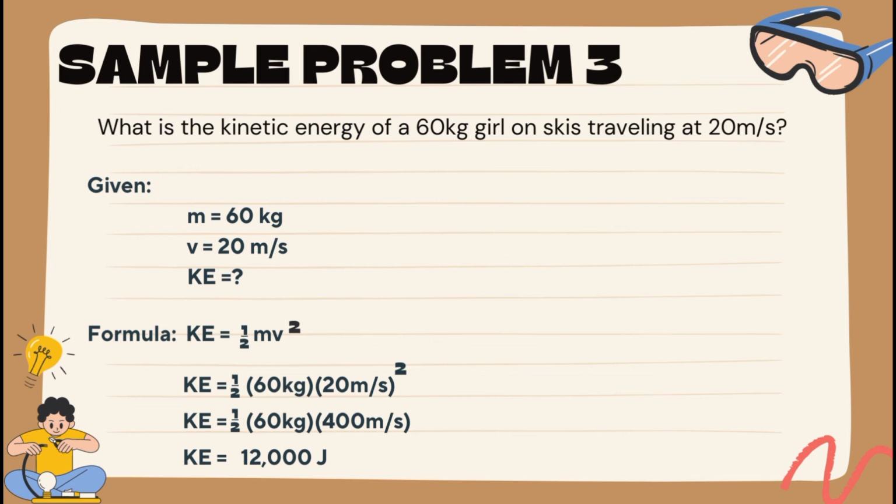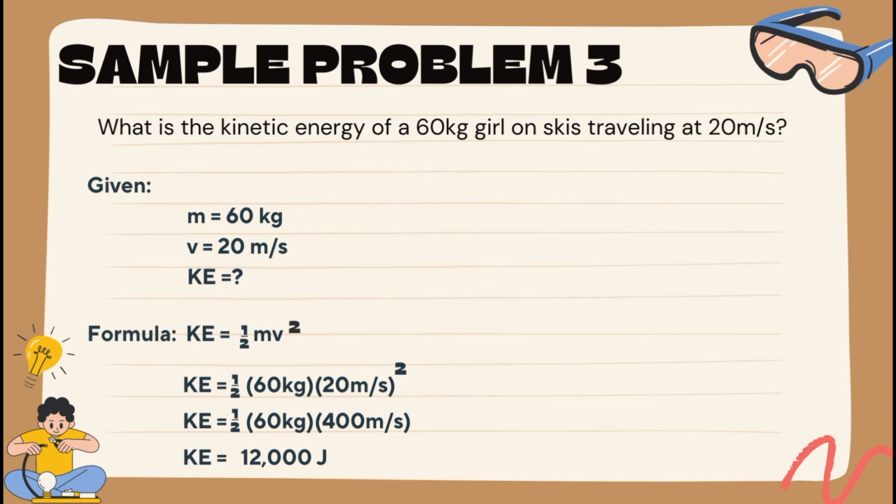The correct formula is KE equals 1 half m v squared. After that, let's proceed with the substitution of our given values. KE equals 1 half multiplied by 60 kilograms multiplied by 20 meters per second squared.